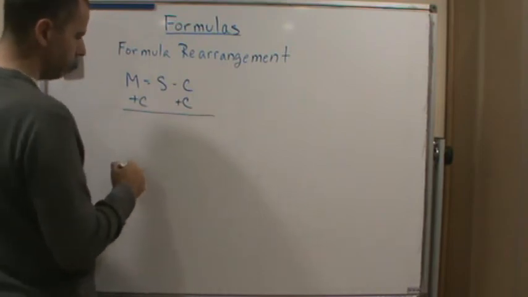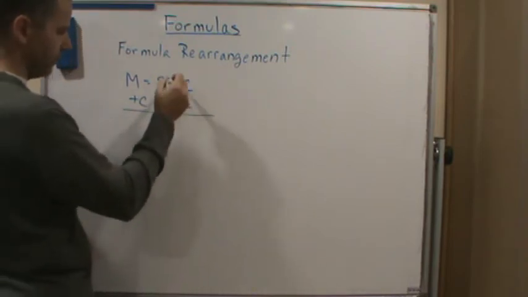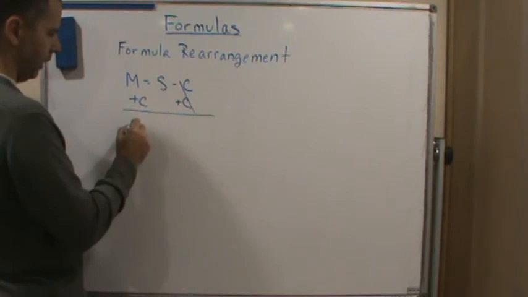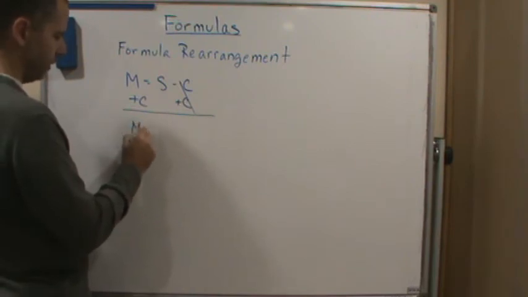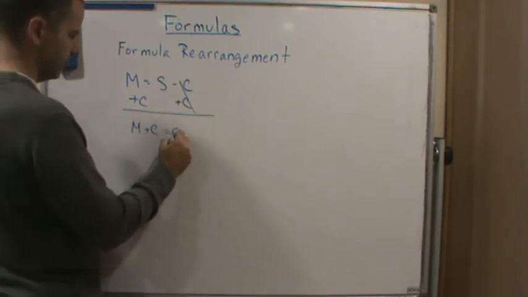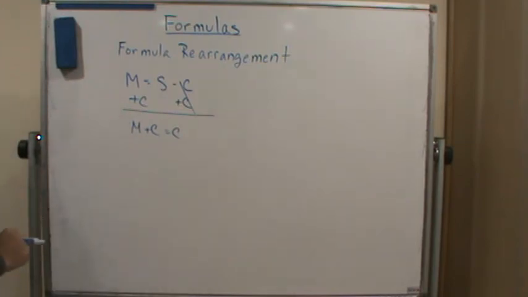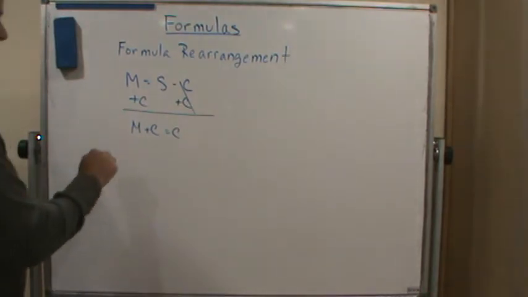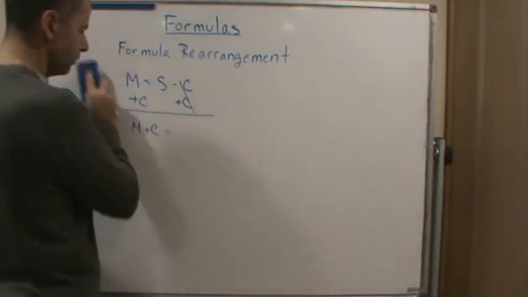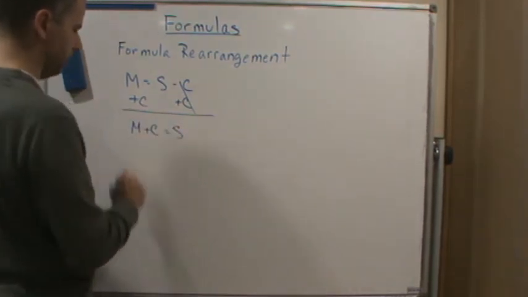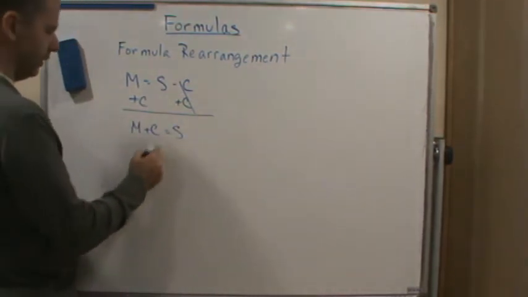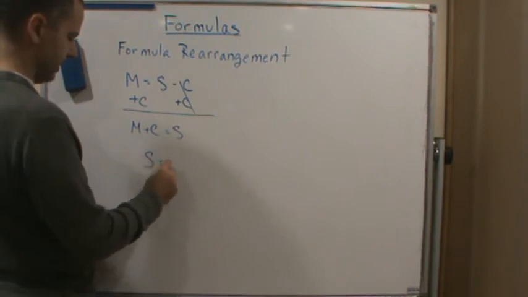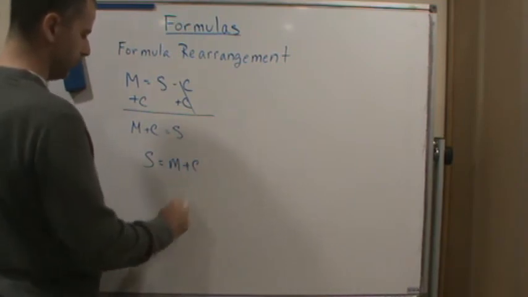When you do that, this is going to cancel, and then you're going to get M plus C is equal to S. Oops, not C, S. And so again, we can write it S equals M plus C.